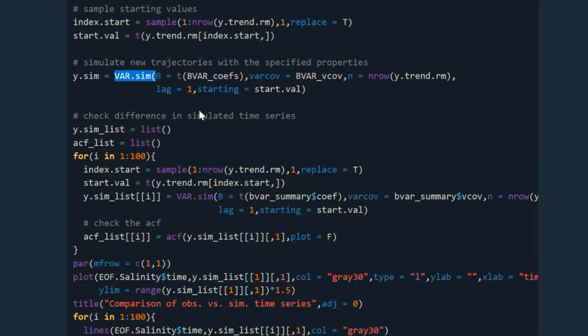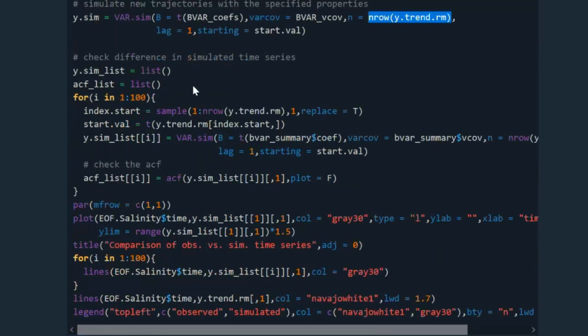I think it's from the TS_dyn package, and not the BEAVA package. And there I put in the coefficients, the variance-covariance matrix, how many steps I want to simulate into the future, then the lag order and the starting value.